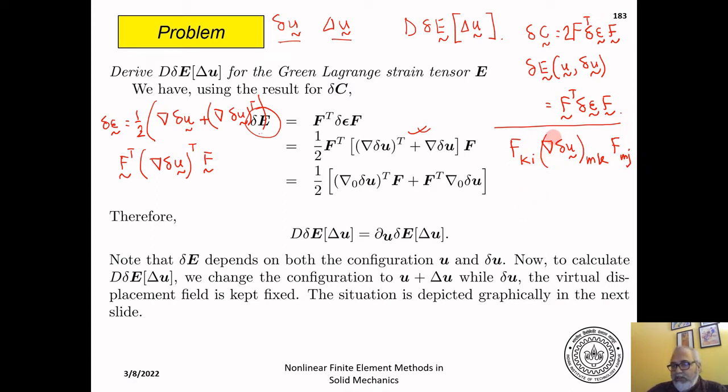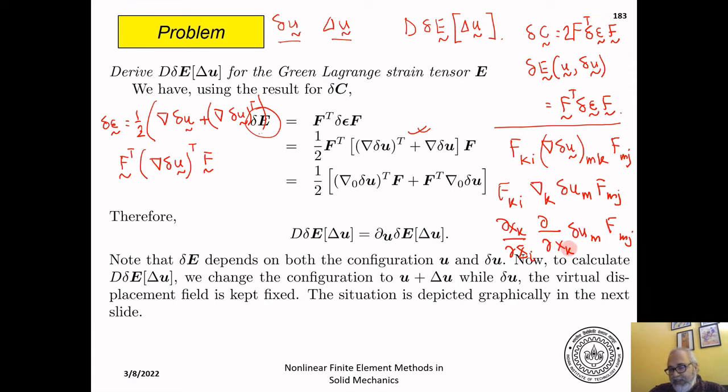Now this quantity we have discussed before. The k will come with the nabla, so this would be nabla_k δu_m F_mj. So the first index goes with δu, the second one goes with the nabla. So this is ∂x_k/∂X_i, that is the definition of F_ki, times ∂δu_m/∂x_k and F_mj. So this is again a chain rule.